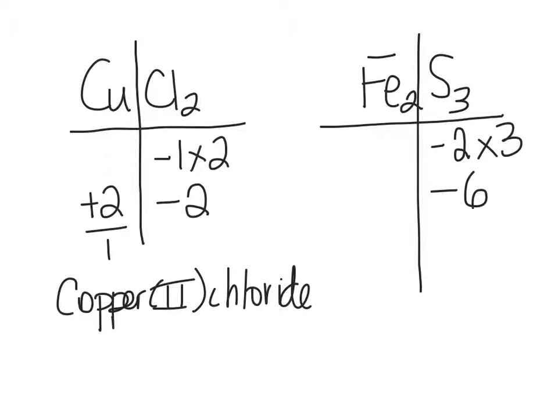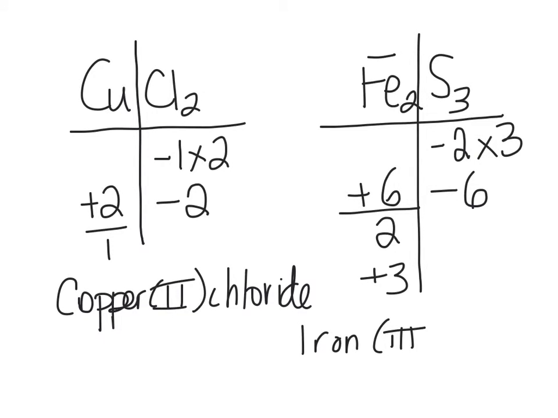So the total positive must be +6. Now in this case, we've got 2 atoms of iron. So we have to divide the total positive by 2, so that gives us +3. So each iron is +3.